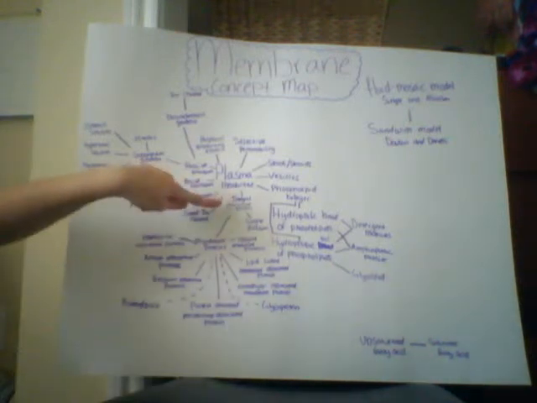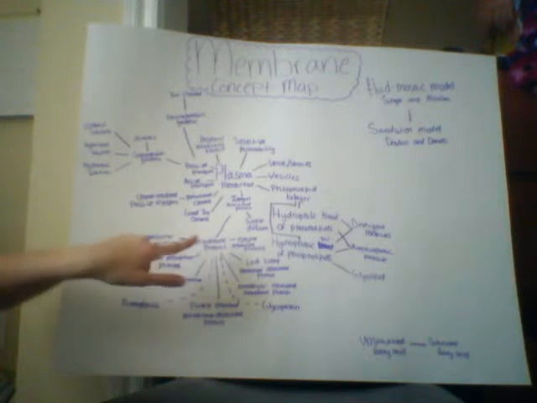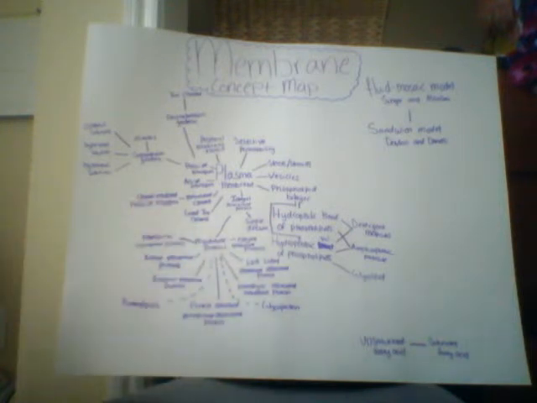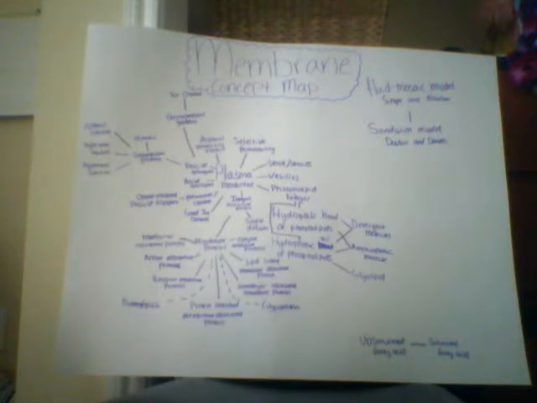Also from integral membrane protein, we can go down to membrane proteins, which is a protein associated with the lipid bilayer, and they can either be integral or peripheral. I went ahead and grouped it with integral.